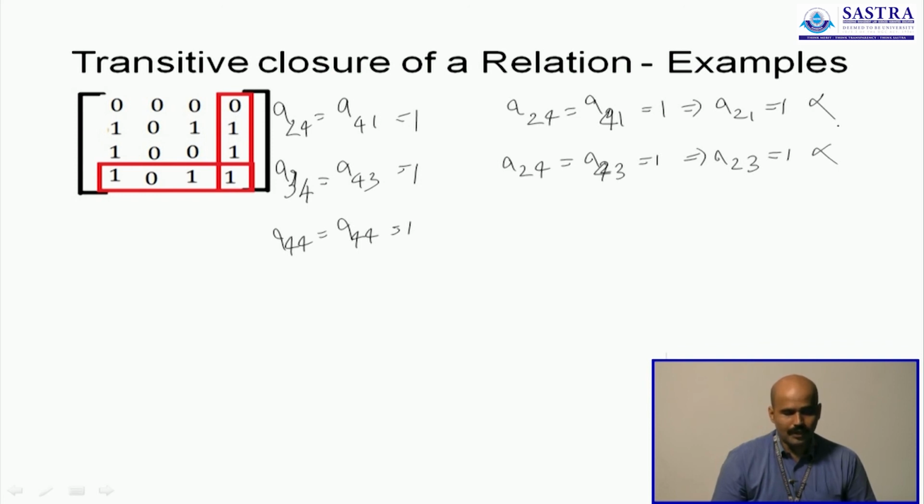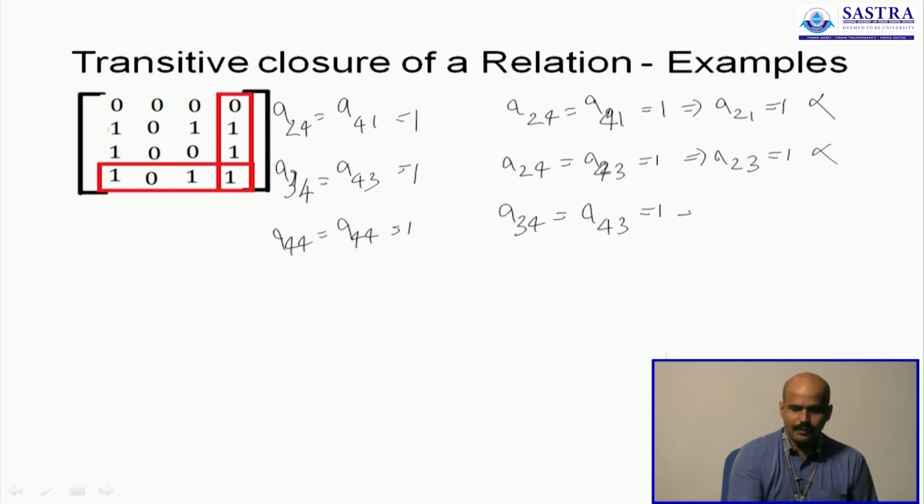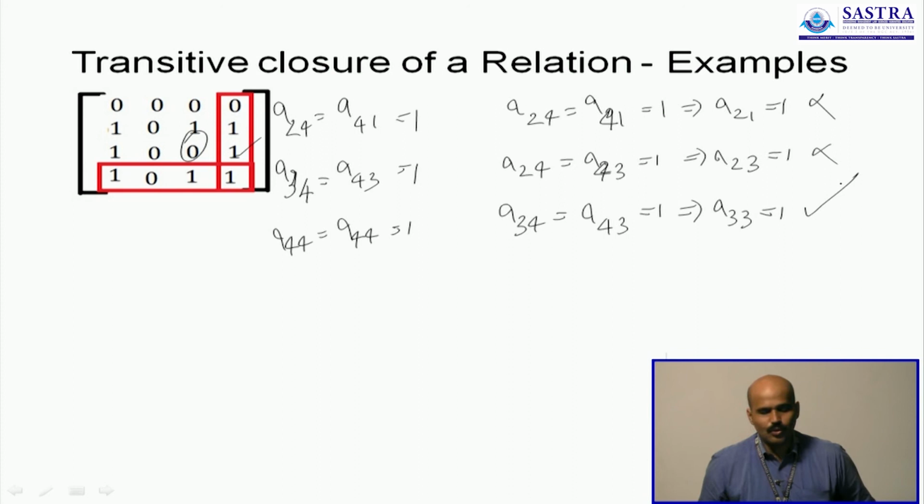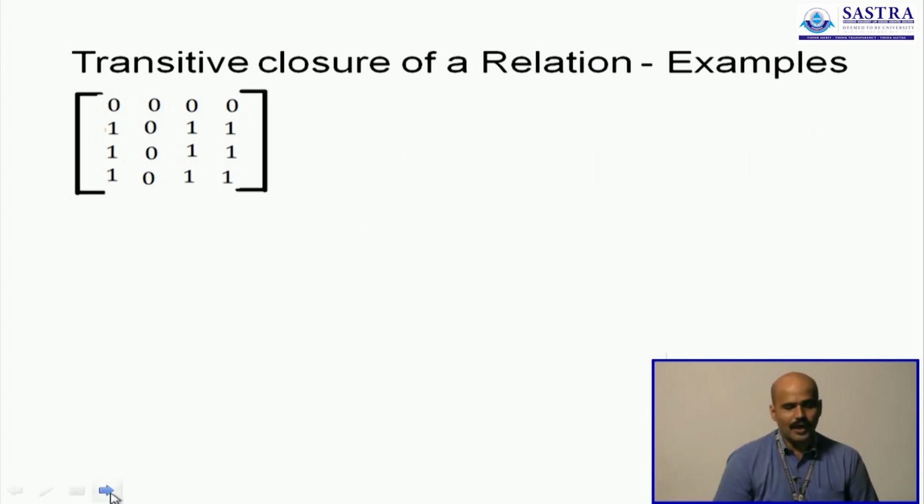But when you compare 3 4 and 4 3, you will end up getting A33 to be 1, so this is one entry that will change. 3 4 and 4 4 will mean 3 4, that's already a 1, 4 1, 4 3, 4 4 already 1, so this is the only change that you can implement in the 4th iteration, and therefore you will have this as the transitive closure.